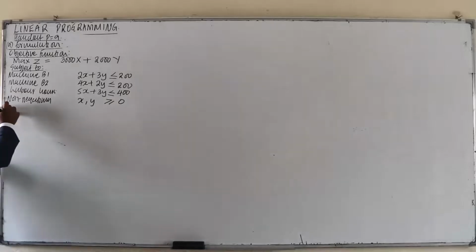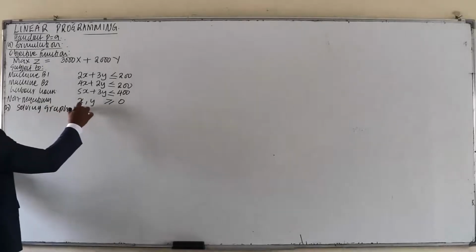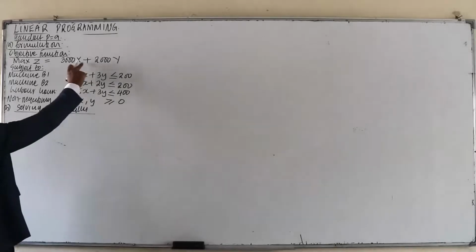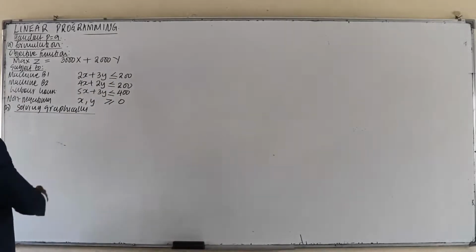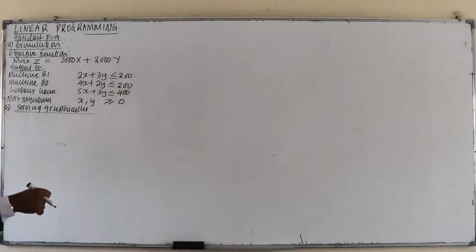So number B, solving graphically. In this case, we want to determine the number of units of X to produce and Y to produce. How do you do this? You change the inequalities to equalities. This is what I mean.